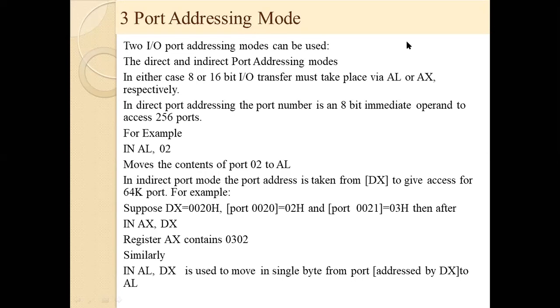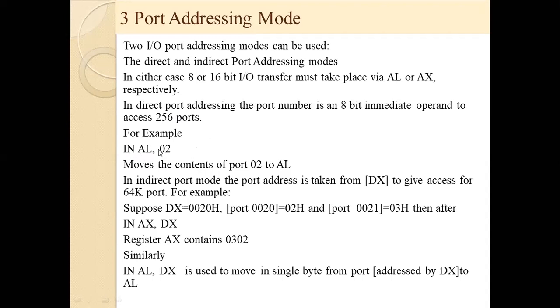There are two categories of port addressing modes, and these are the direct port addressing mode and the indirect port addressing mode. In the direct port addressing mode, the address is immediately part of the instruction. For example, you can see over here, it is IN AL, 02. 02 is the port address, and AL is your destination where you want to move your data.